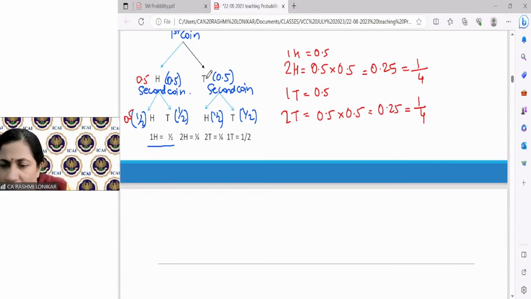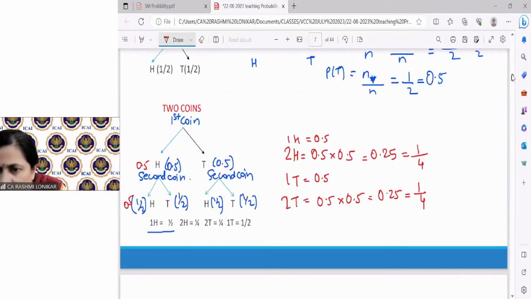Now this one head was 0.5 here. See what happens when I'm doing this. Let me just write what can happen.